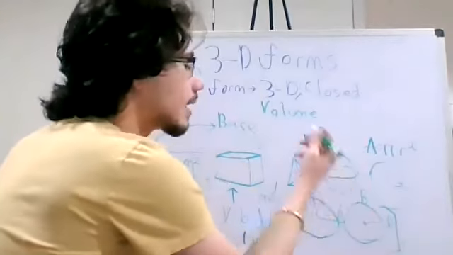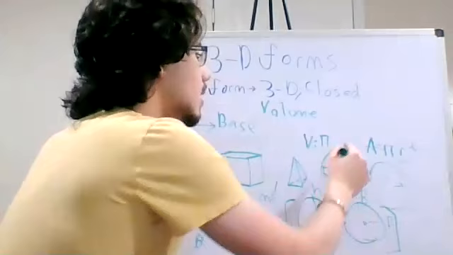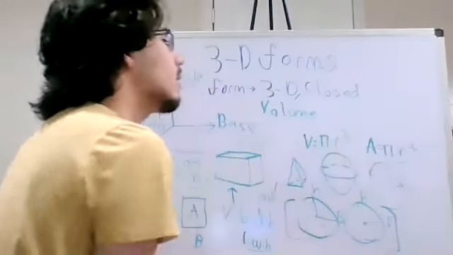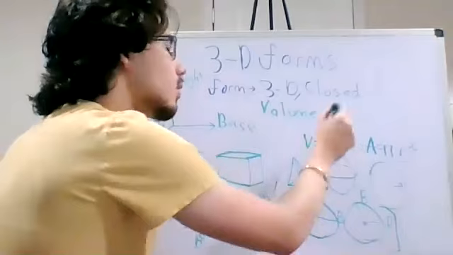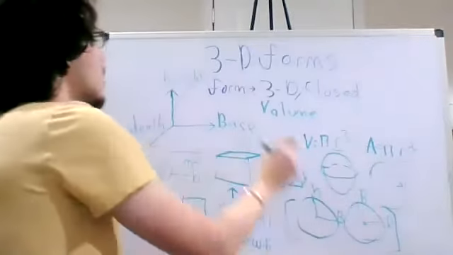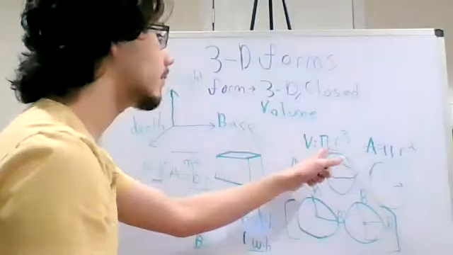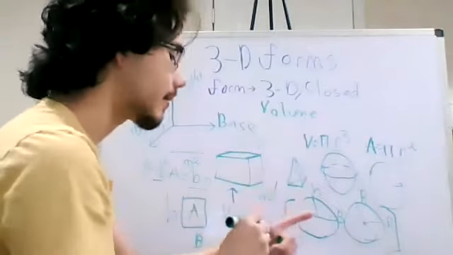Because in a sphere, we found that all three directions use radius, we can say that the three dimensions will be radius, so r cubed, whereas all three r's describe each direction. So this is what the volume of the sphere will look like.